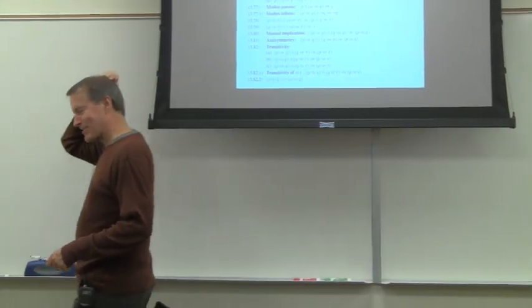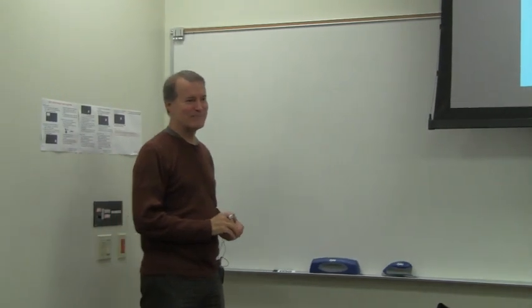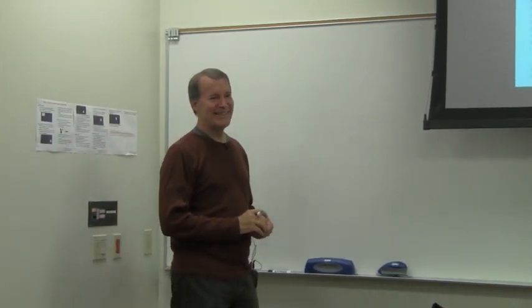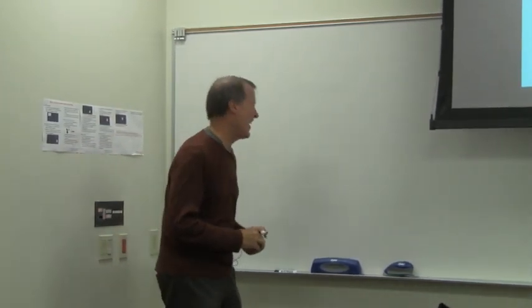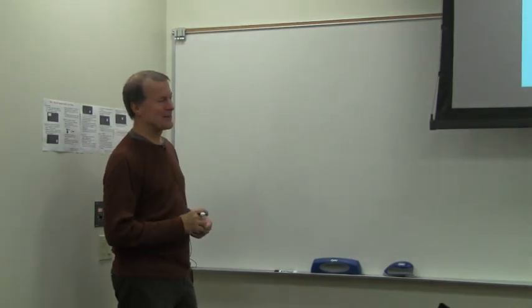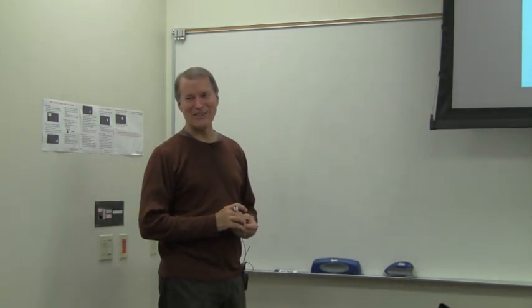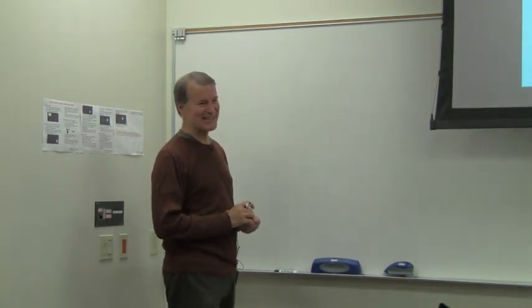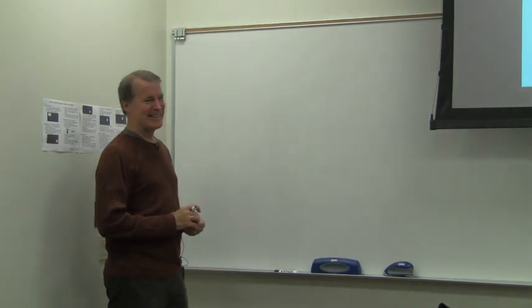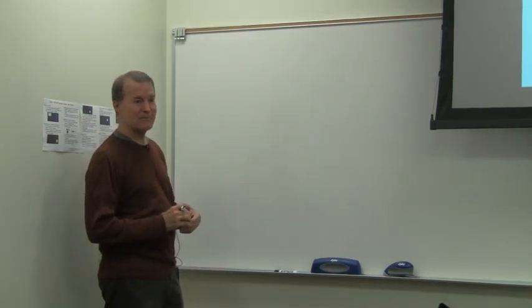So finally I had to put a stop to it. Here's the rule. I don't like rules. My rule is I'm only going to allow you to use proof by case analysis if I tell you that I want you to do proof by case analysis. Otherwise, I don't want you to use it. Well, I mean, the next homework is going to be proof by case analysis.